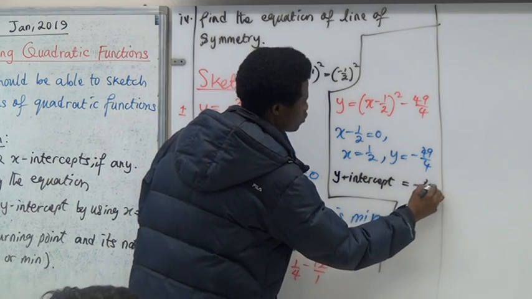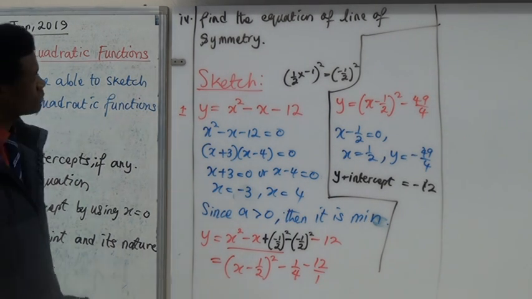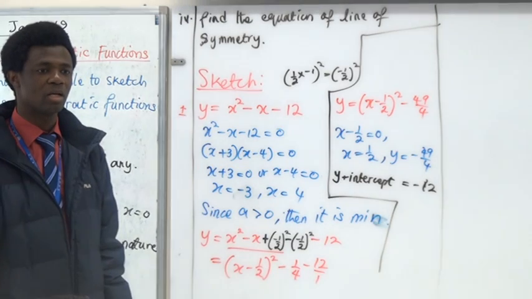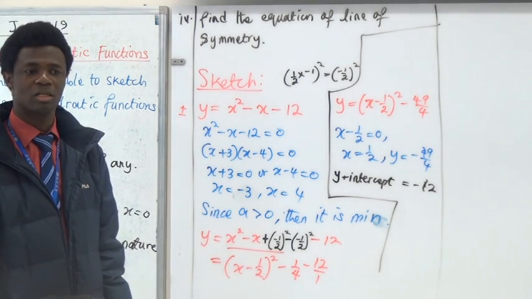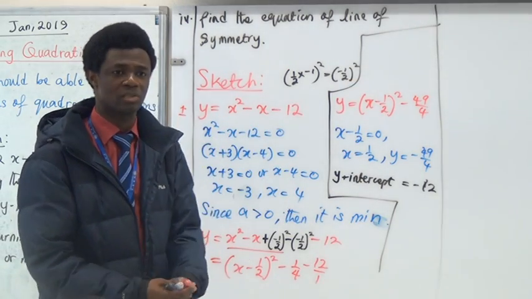Negative 12. So we know the solutions, we know the minimum, we know the y-intercept, do we know the line of symmetry? What is it? x equals what? 1 over 2. If you don't know it from here, when you sketch it, you can see it.